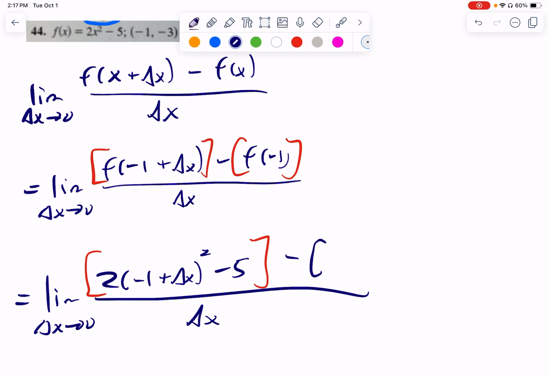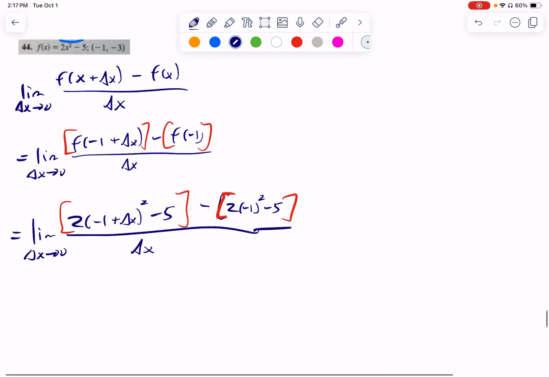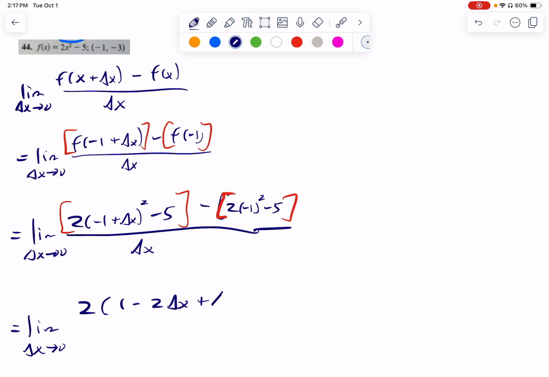For the other one, two times input squared minus 5. Now we just simplify and hope that the algebra isn't so bad. So 2 times, if I FOIL this out, it's 1 minus 2 delta x plus delta x squared minus 5.